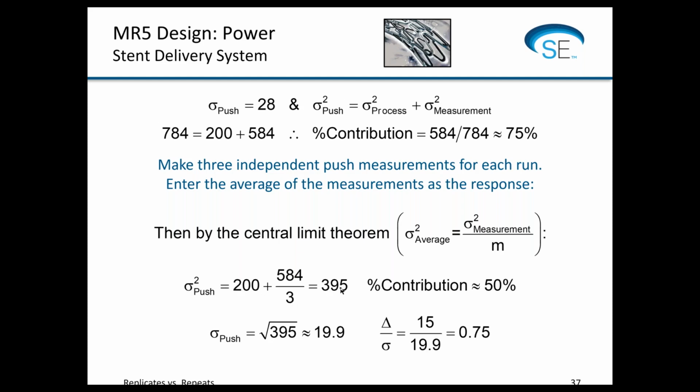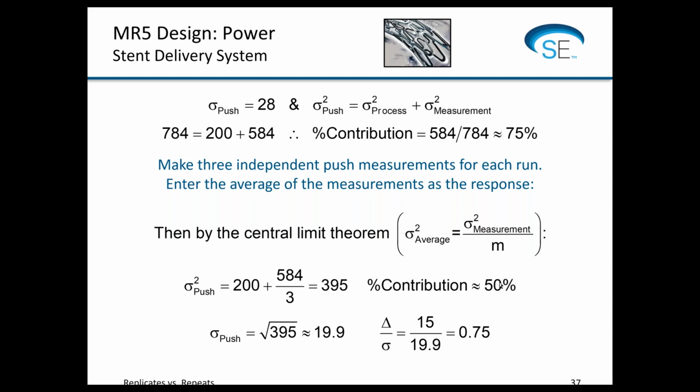But when we do this, that gets us down from this 580, excuse me, from this 784 down to 395. So that's about 400. That's being generous, about 800. So we reduce the variation by about half by just repeating the measurement, not having to redo the run. Repeating the measurement doesn't take much time at all.